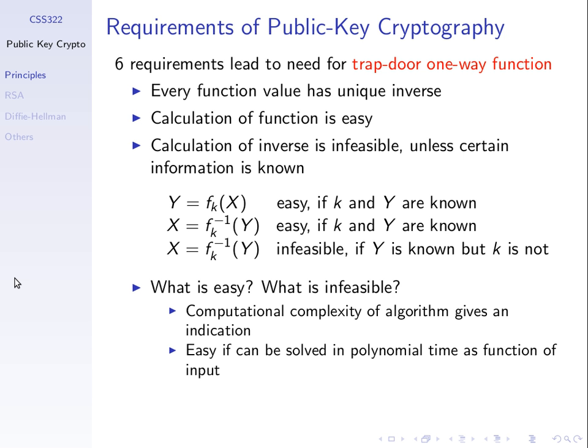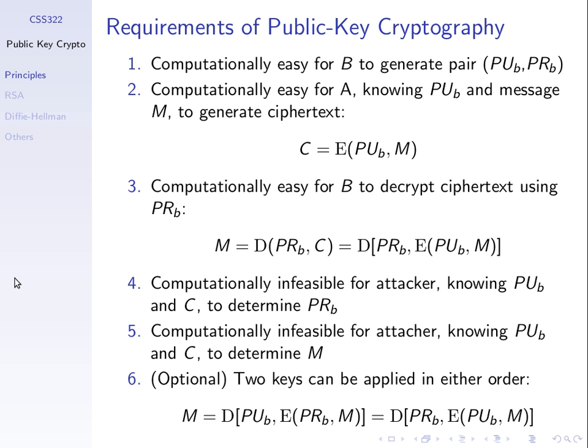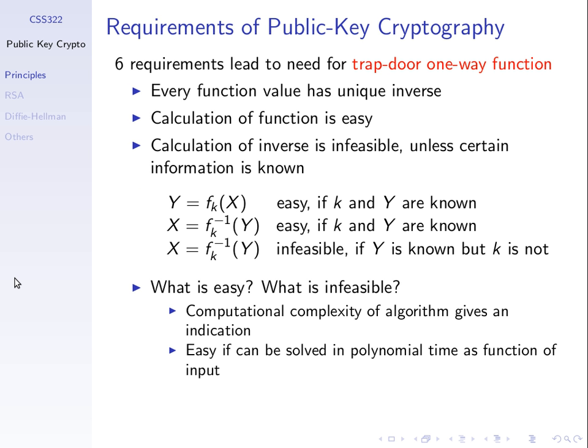This is really relating to these two requirements. We need a function where it's easy to encrypt if we know the public key and M, and easy to decrypt, that is the inverse operation, if we know the private key and the ciphertext. But it should be hard to do the inverse if we don't know k. If we know y, it should be hard to do the inverse.